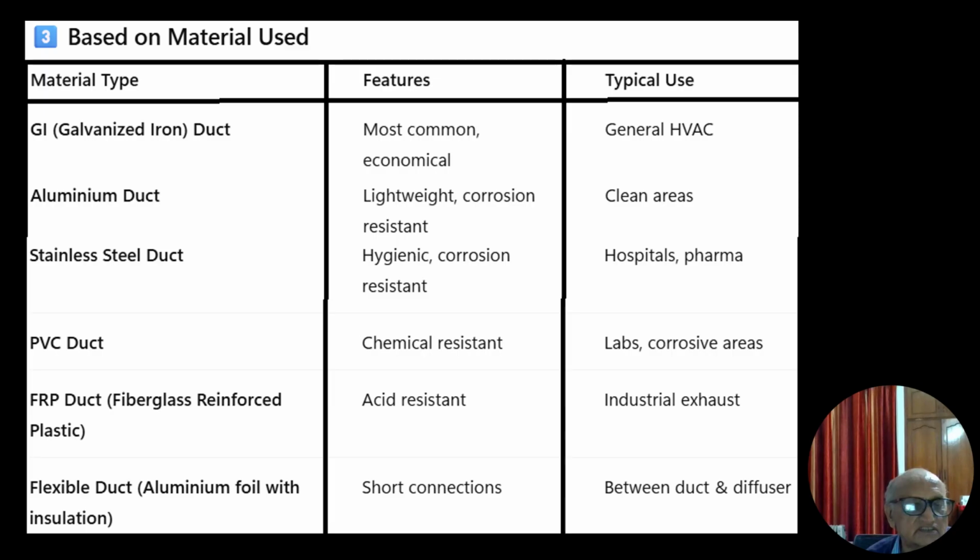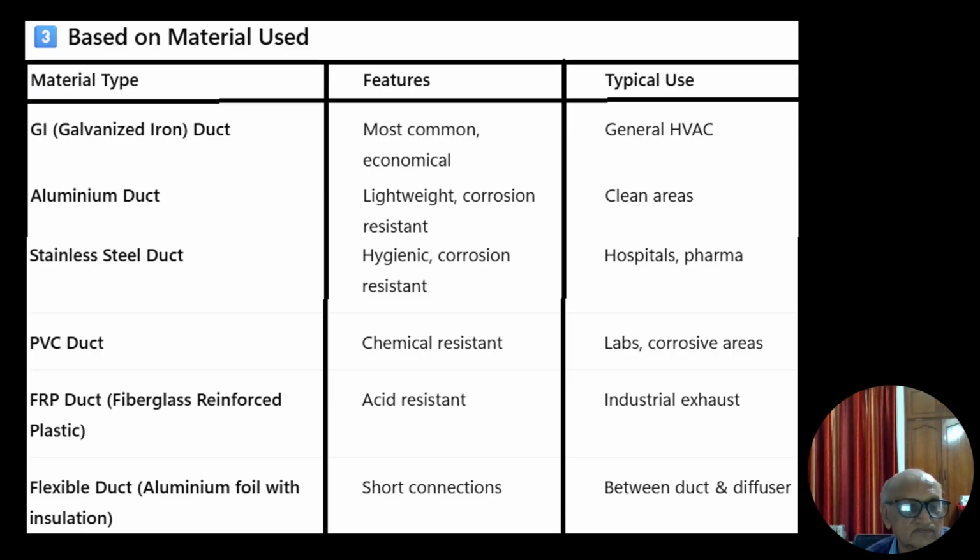The PVC duct is chemical resistant and used in labs and corrosive areas. FRP duct, fiberglass reinforced plastic duct, is acid resistant and used in industrial exhaust ducting work.